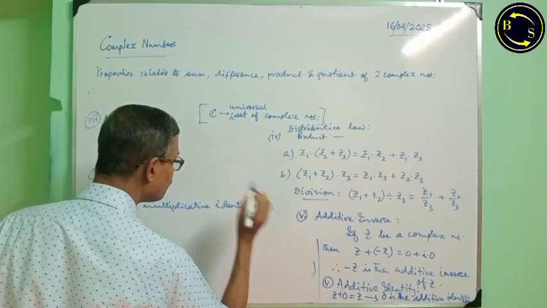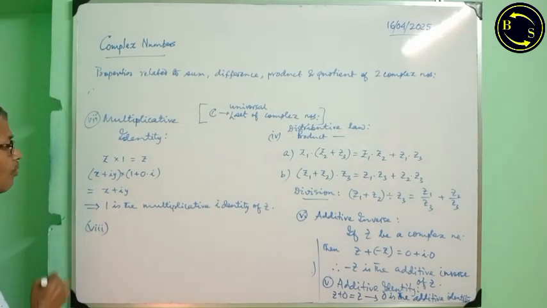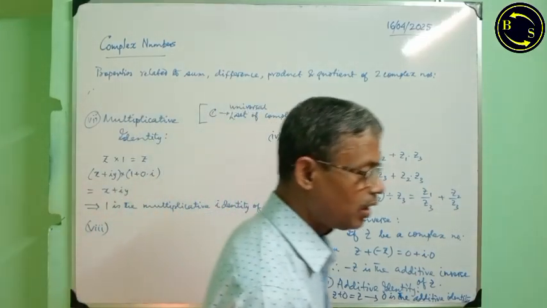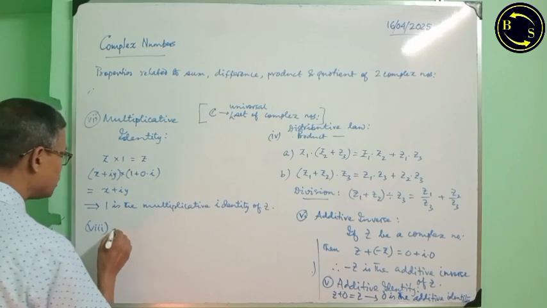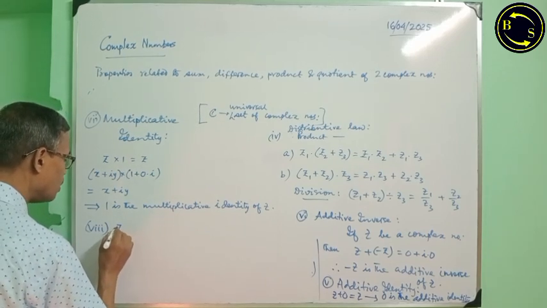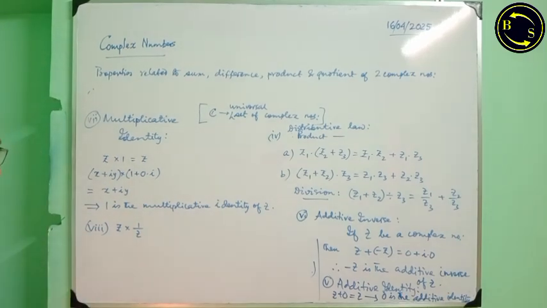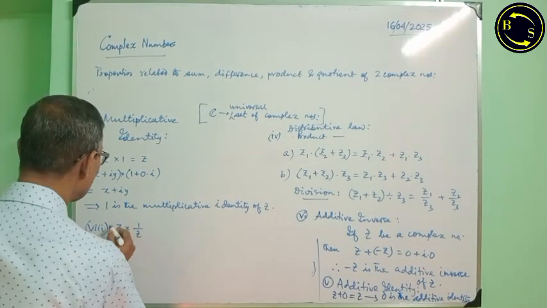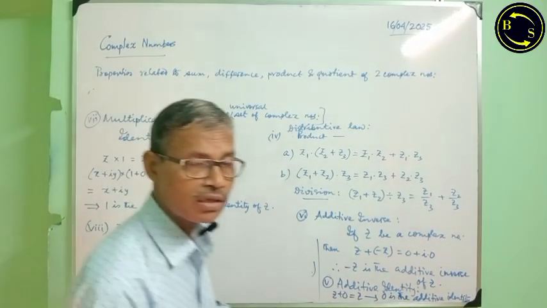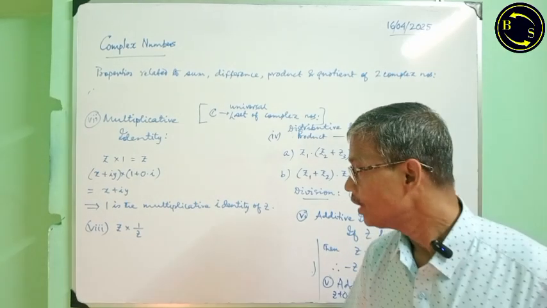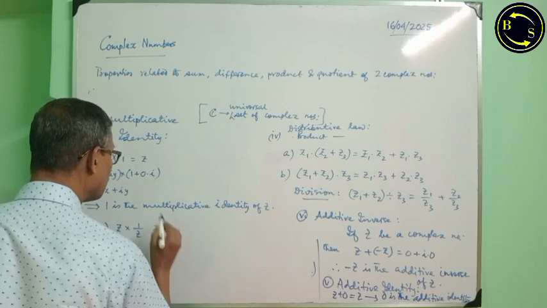Then comes multiplicative inverse. Already we have verified, if z is a complex number, its reciprocal, that means 1 by z, is also another complex number. If we multiply these two, the result will be 1.